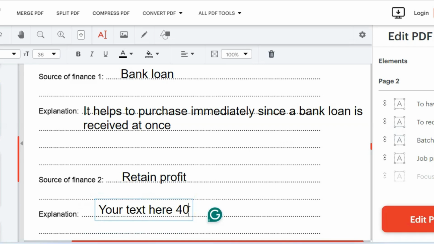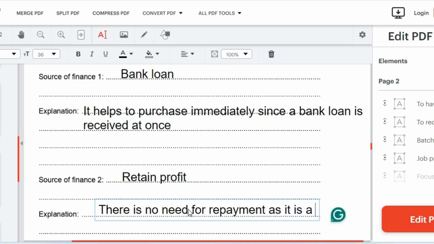This might be useful because as a large business, there is no need to repay the retained profit, since the company owns the profit. There is no need for repayment as it is a large business.